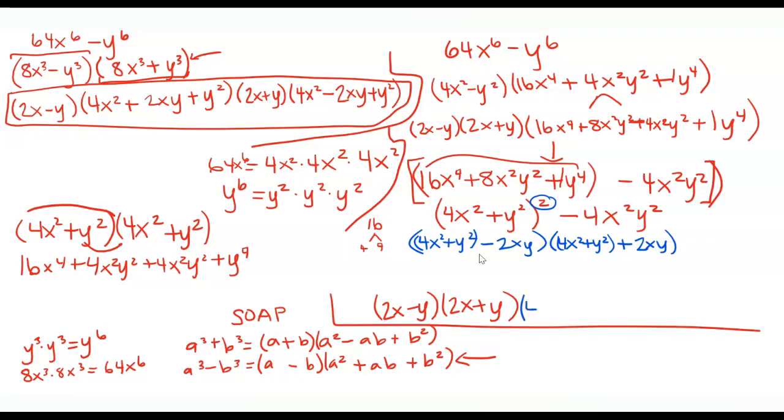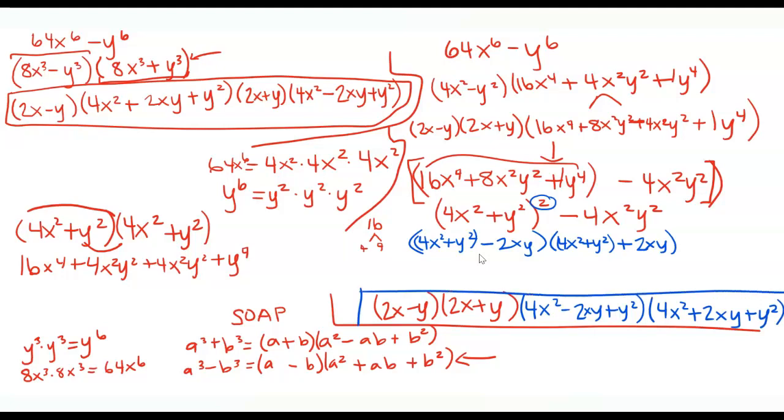We would probably want to write it in the order 4x squared minus 2xy plus y squared and 4x squared plus 2xy plus y squared. Okay, and after all of that, we can see this ended up the same as this one right here.